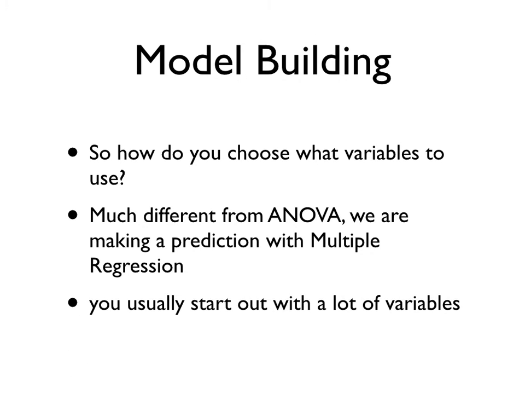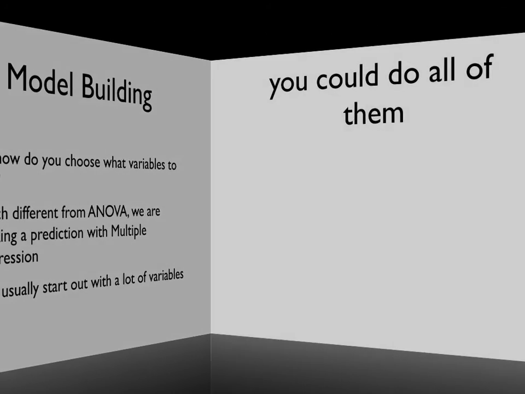So you usually start out with a lot of variables. Like I said, 20, 30. Well, you could do all possible regressions, which you can tell SPSS to do, by the way. This is really pretty easy.